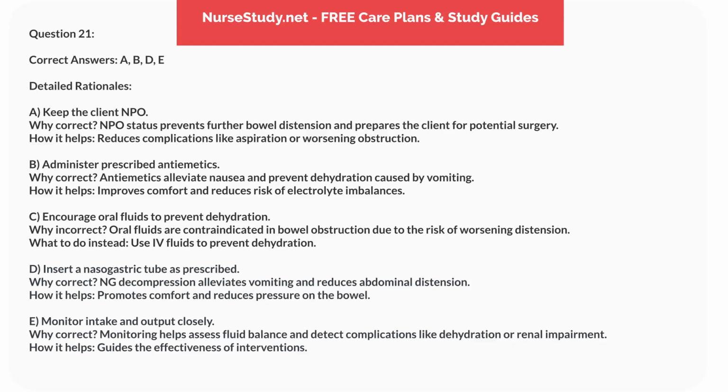NG decompression alleviates vomiting and reduces abdominal distension. How it helps: promotes comfort and reduces pressure on the bowel. E. Monitor intake and output closely. Why correct? Monitoring helps assess fluid balance and detect complications like dehydration or renal impairment. How it helps: guides the effectiveness of interventions.